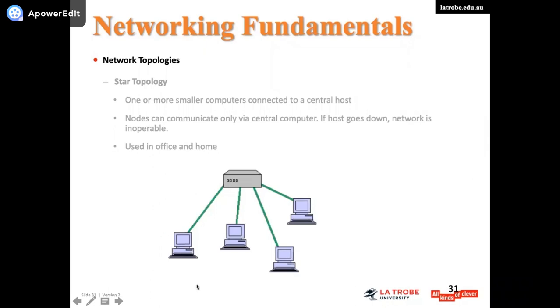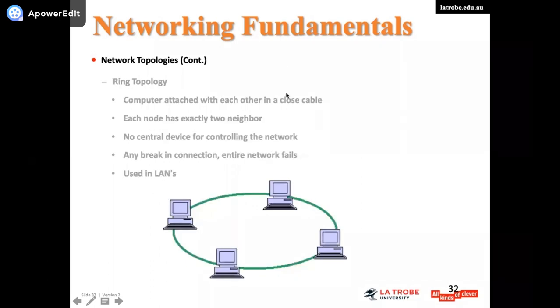The next topology is called the ring topology. In this topology, computers are attached to each other in a closed cable, just like this. Each node has exactly two neighbors, just like in a ring, and there are no central devices controlling the network. Any break in the connection and the entire network fails.